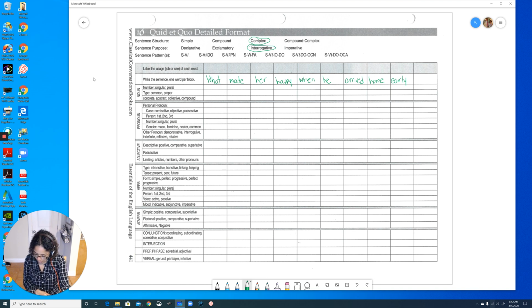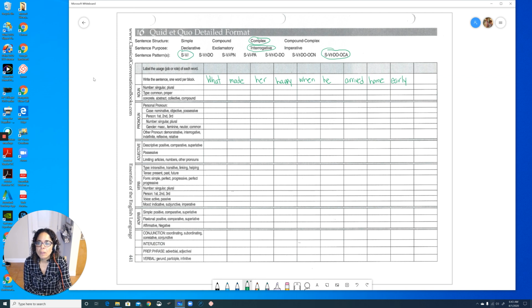And we have two kinds of patterns. We have SVT, OCA, and we have an SVI here, the second part of the sentence.